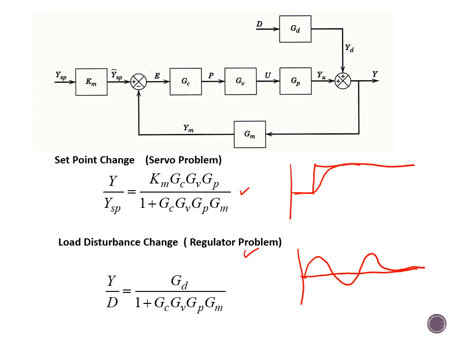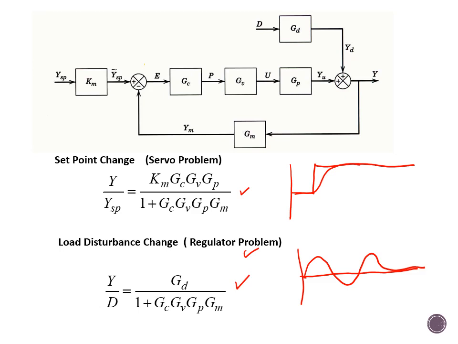Regulatory control is by far the more common in process industries rather than the servo control loop. So the equation for the regulatory control loop is given by this equation: GD divided by 1 plus GC GV times GP times GM.